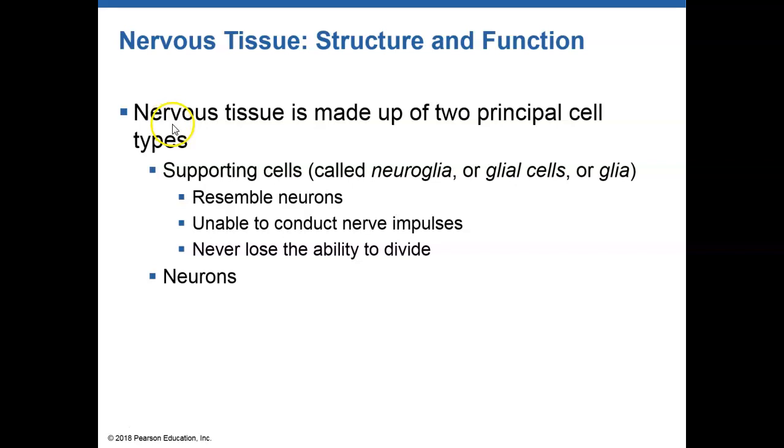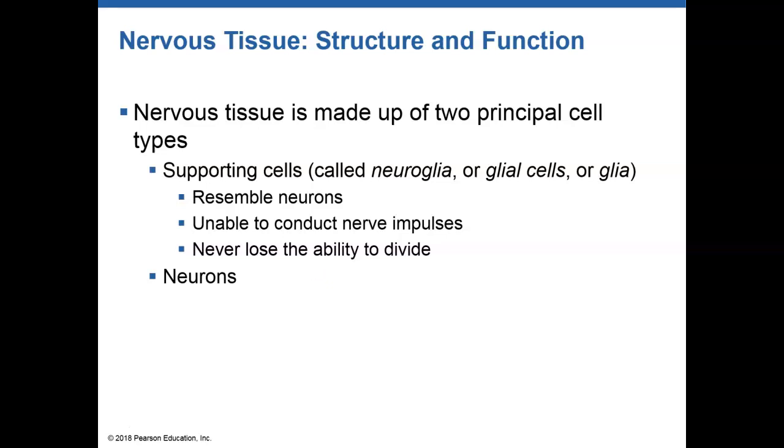When you look at nervous tissue, there are two major cell types. We have the support cells called neuroglial cells, or you can call them glial cells. They are similar in structure to neurons, but they do not conduct impulses, so they're not excitable at all.